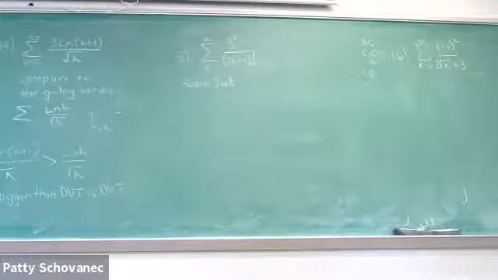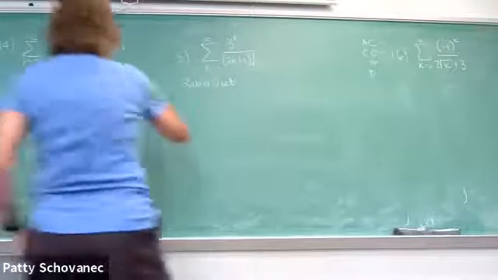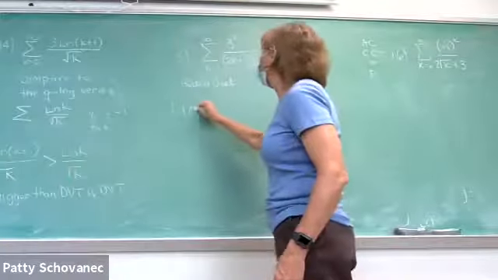Replacing this with k plus 1. So when you do that, it simplifies to the factorial. You have a k plus 1 in there, and that's a k. You write it.